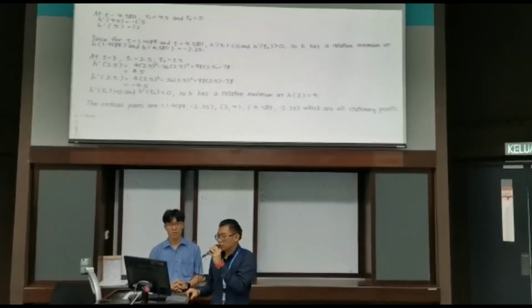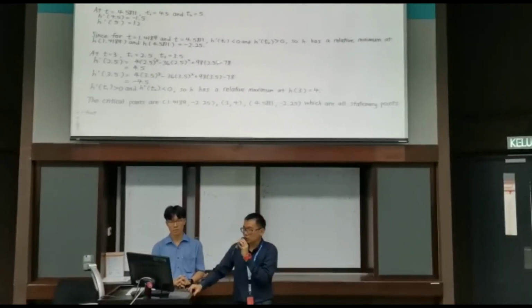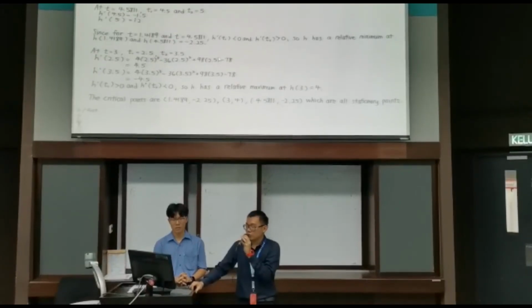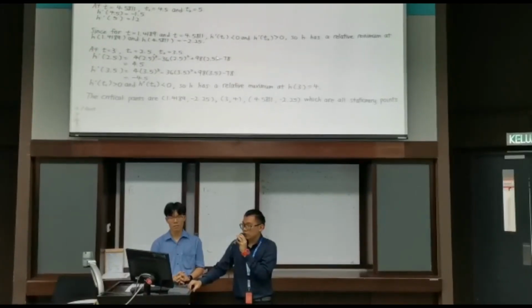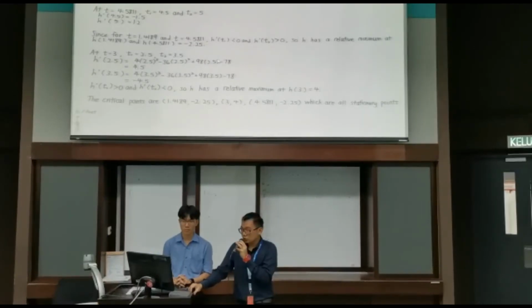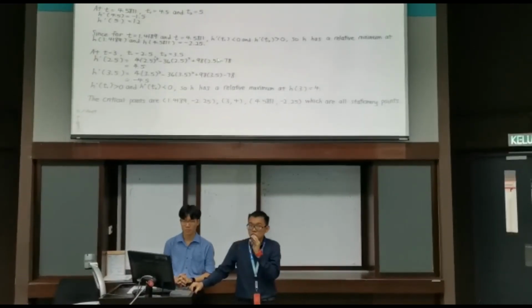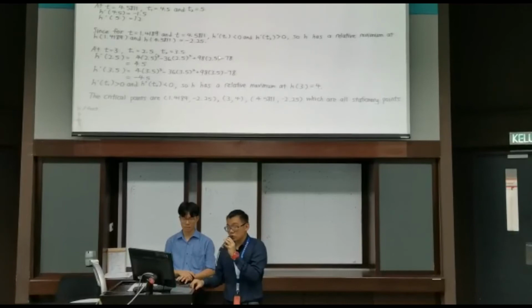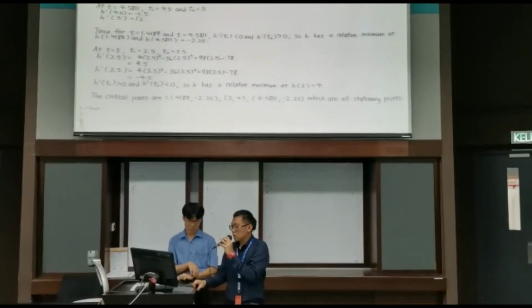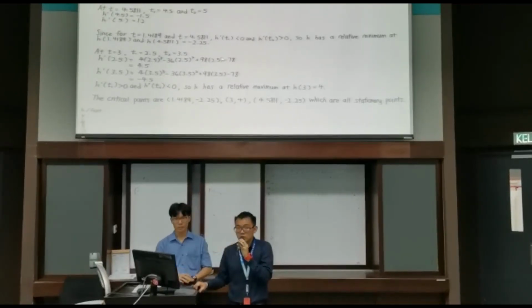Since for the 2 points, 1.4189 and 4.5811, h prime t1 is less than 0 while h prime t2 is greater than 0, we know that h has a relative minimum, which is negative 2.25.